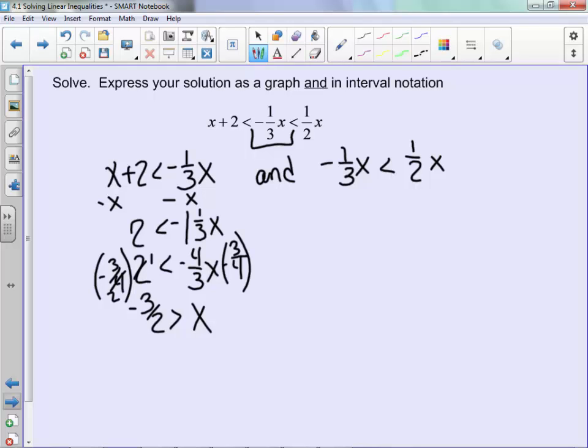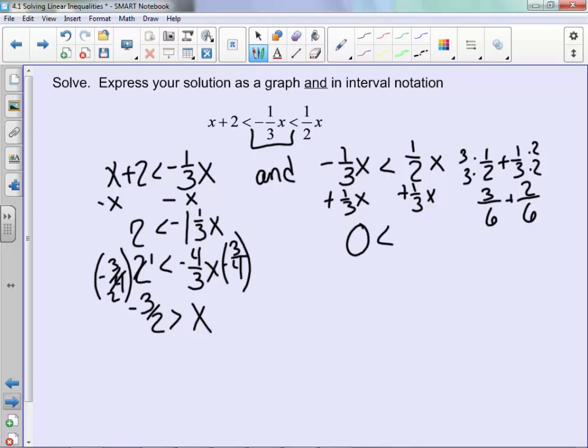So I'll have -3/2 is greater than x. And then 1/2 plus 1/3. Multiply by 6/5.